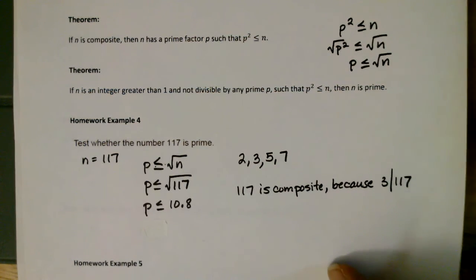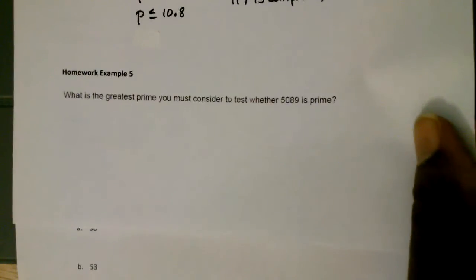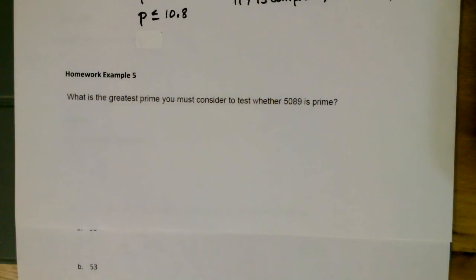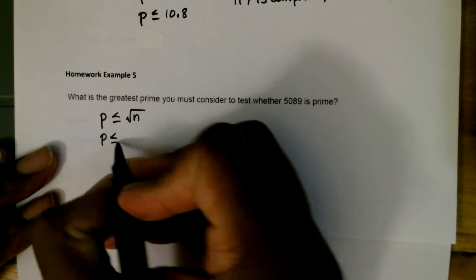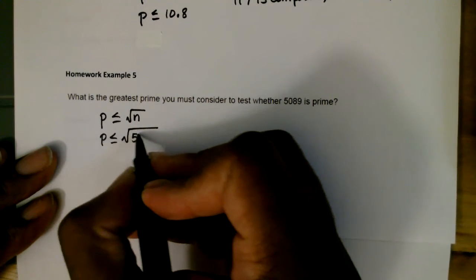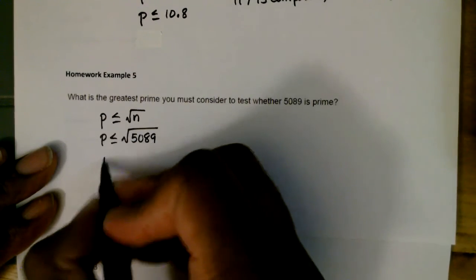All right, now let's look at this example. What is the greatest prime you must consider to test whether 5089 is prime? So here I'm going to use that p is less than or equal to the square root of n, and I'm going to let n be 5089. So I take the square root of 5089.